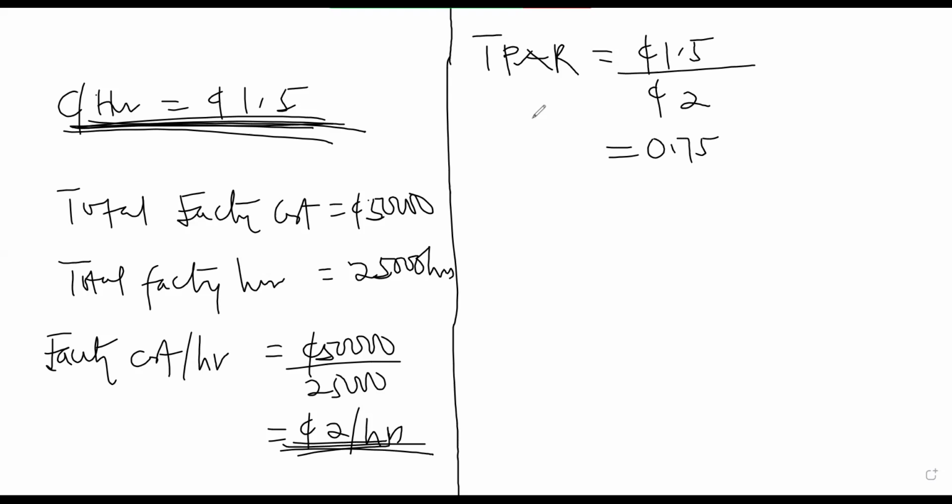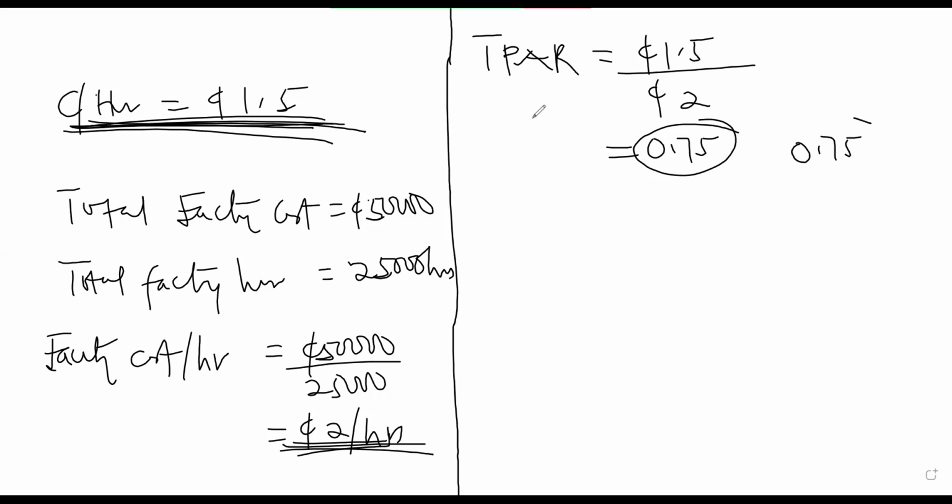That 0.75 means that for every 1 cedi of the factory hours you are going to be using, the return that you'll be getting on it is 0.75. It means that you are going to be spending more than what you are getting. So you should not go ahead.